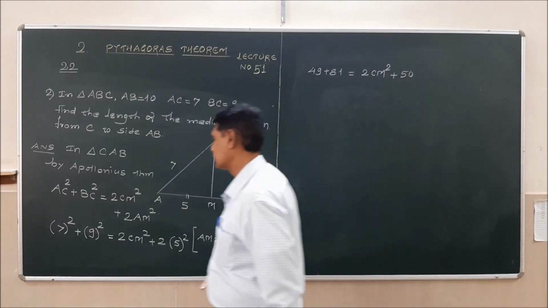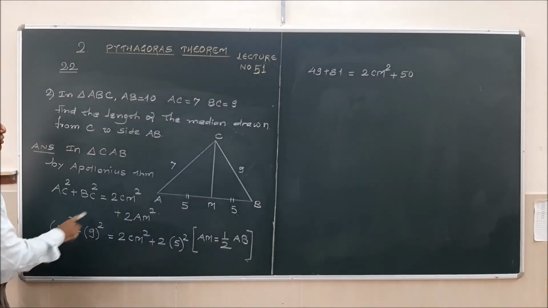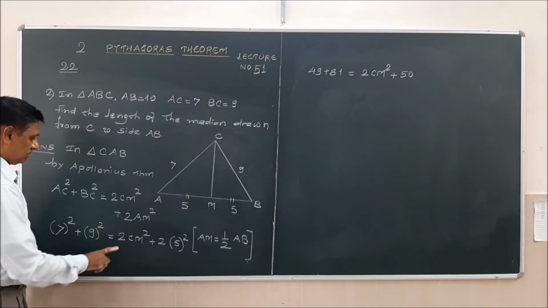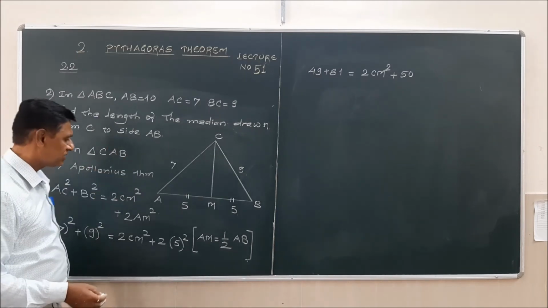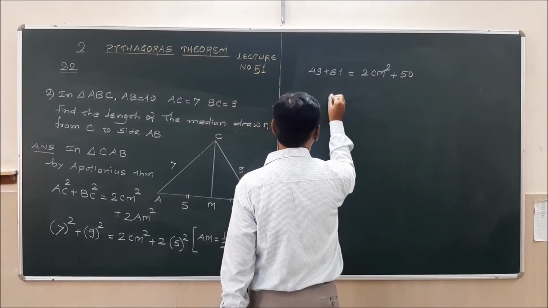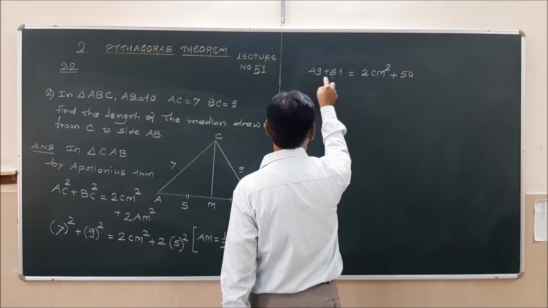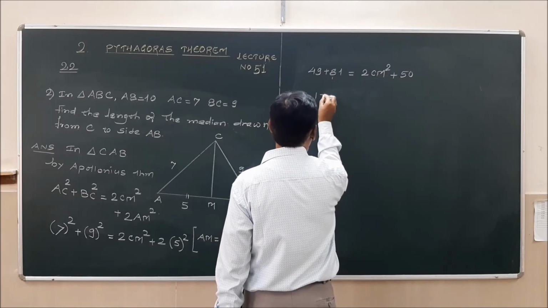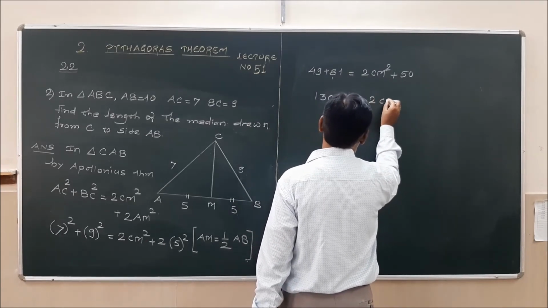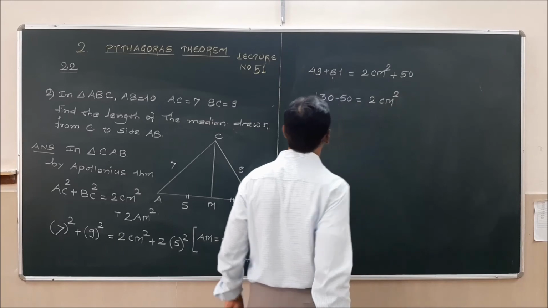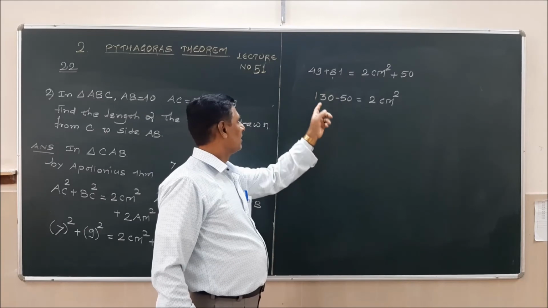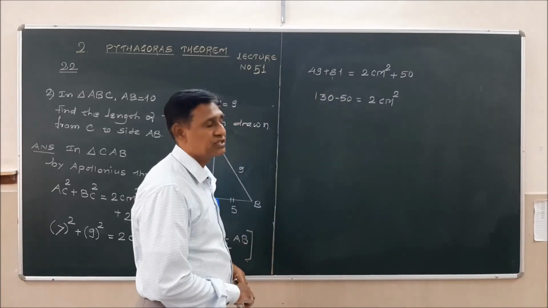Please try to understand this. 49 plus 81 is 130, so 130 minus 50 is equal to 2 CM squared.